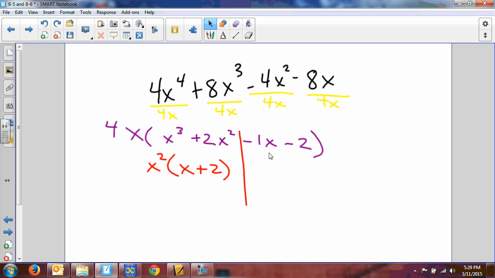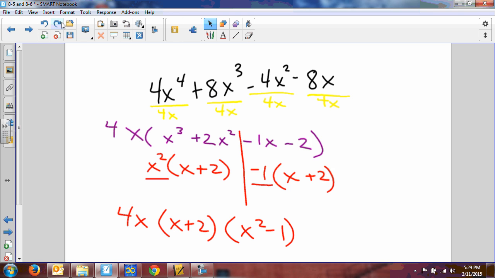And I'm trying to get x plus 2 over here. Well, I have negative x minus 2. If I pull out a negative 1, the negative becomes positive, and I have matching parentheses. So my 4x, my x plus 2, and then my leftovers, x squared minus 1, becomes my last one.